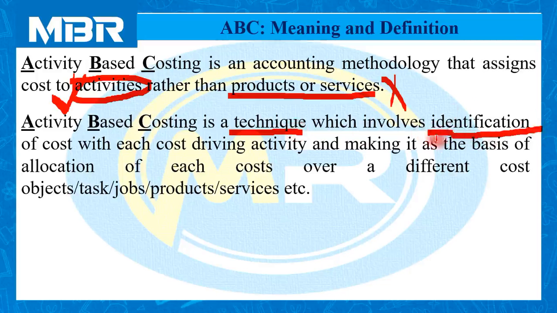The first and foremost function is identification of cost with each cost driving activity and making it the basis of allocation of each cost over different cost objects, tasks, jobs, products, services, etc. The meaning itself is expressive.